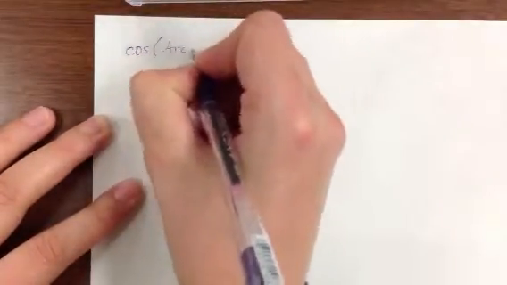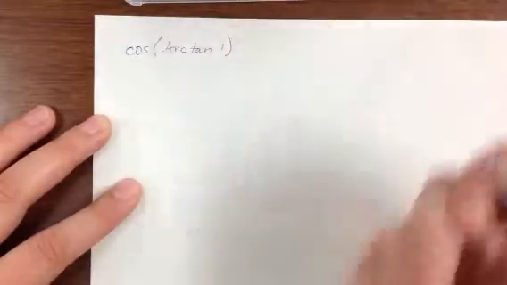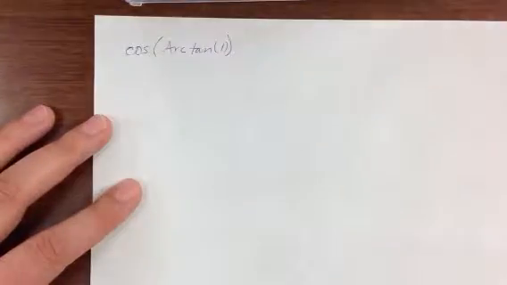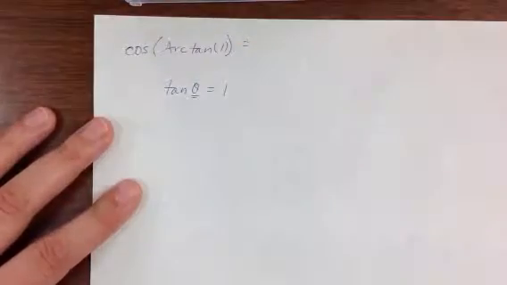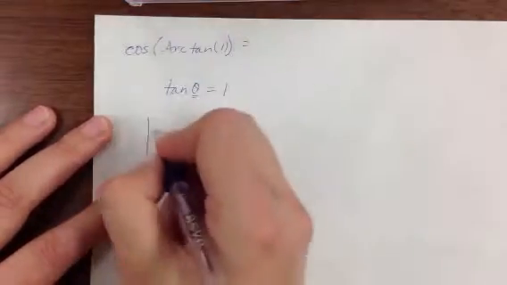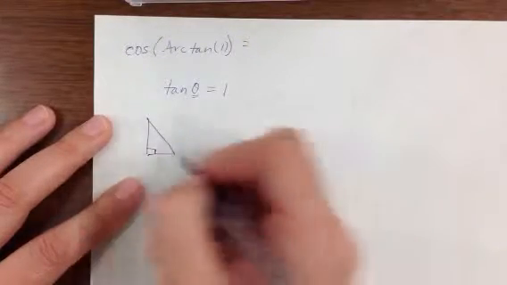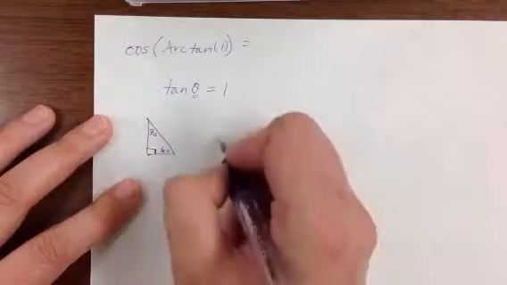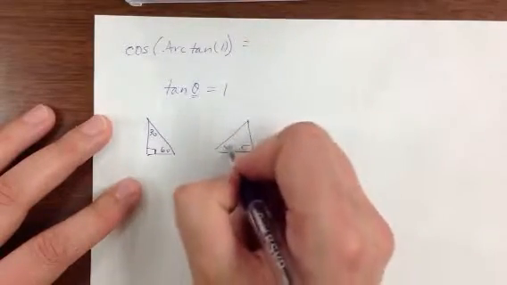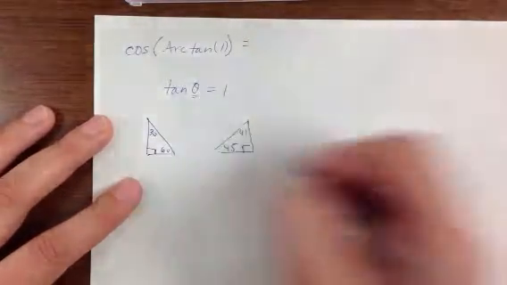So if I have, say, the cosine of the arc tan of 1, I need to think, oh my goodness, what is going on here? The first thing I need to think about is what angle is it when tangent equals 1? Well, we only have two types of triangles in this: a 30, 60, 90 triangle, and a 45, 45, 90 triangle.